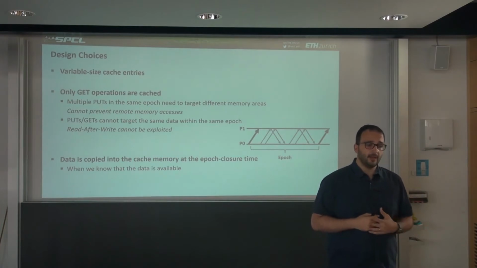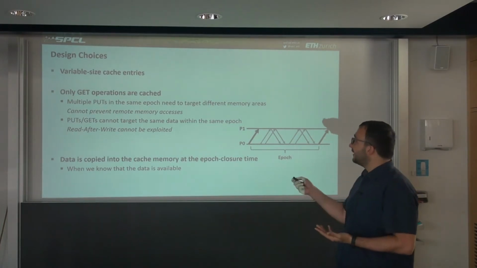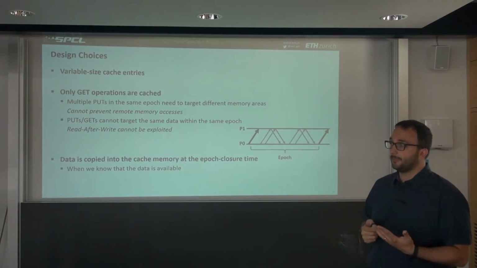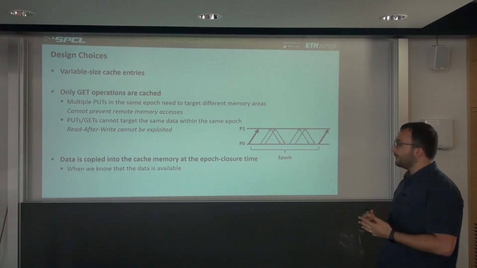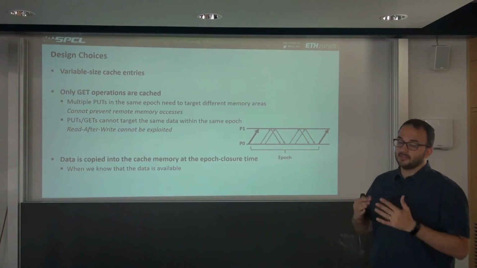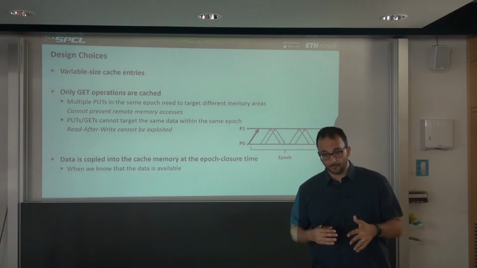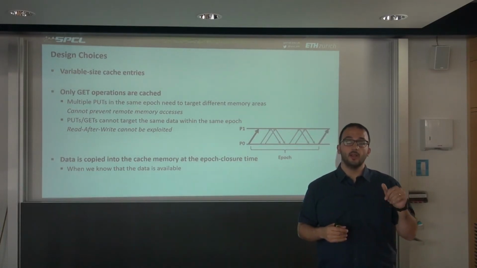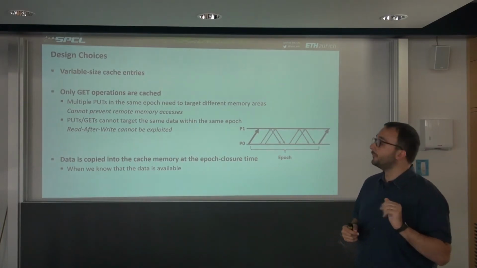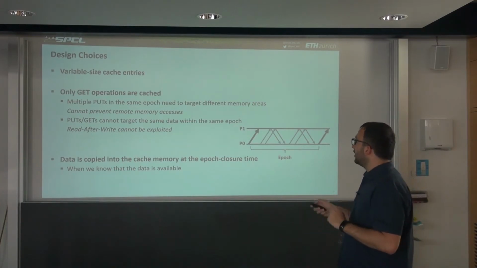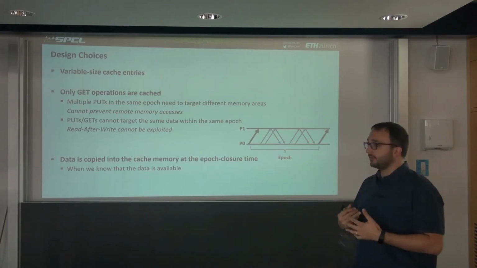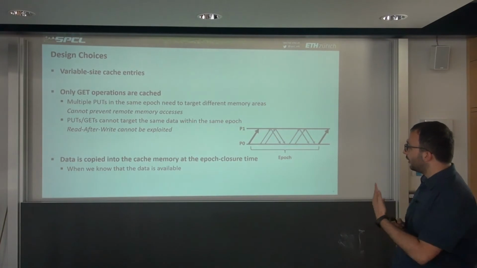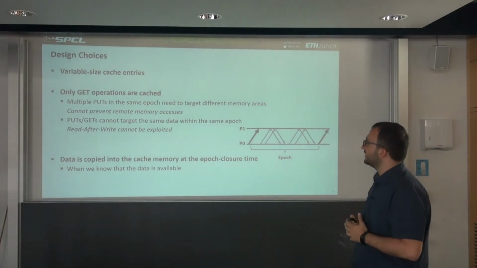is dictated by the MPI specification, basically, because you cannot have multiple puts within the same epoch but targeting the same data. So you can have multiple puts, but the data you are writing to cannot overlap. So we cannot prevent remote memory writes in this case.